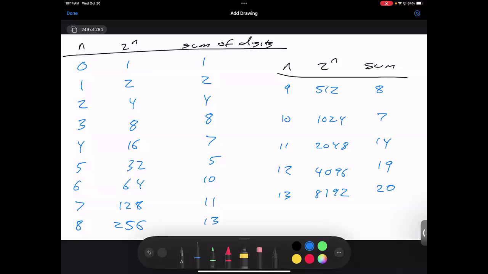So are we noticing anything? I don't see a clear pattern. I don't see a clear pattern yet either. It could be that we have to go even further before we start seeing a clear pattern.